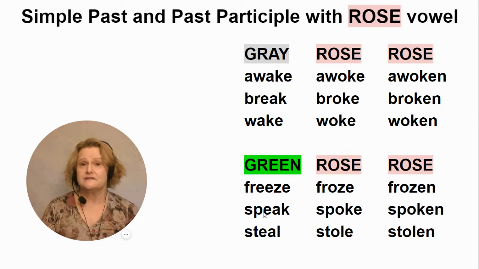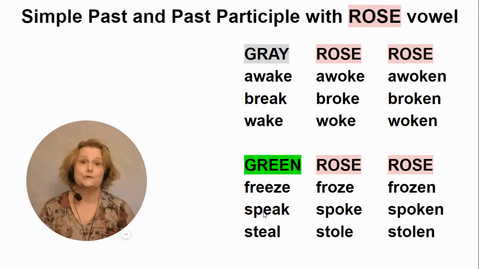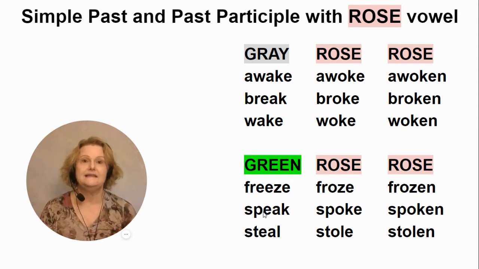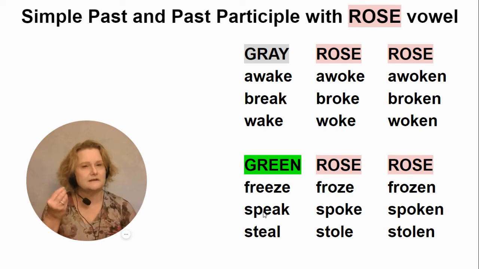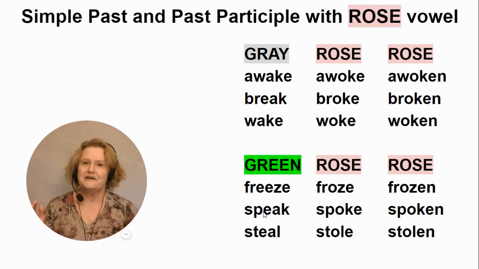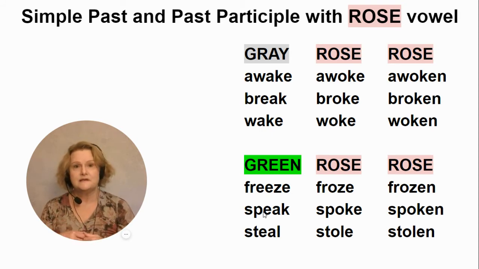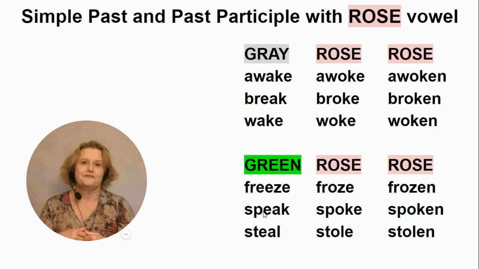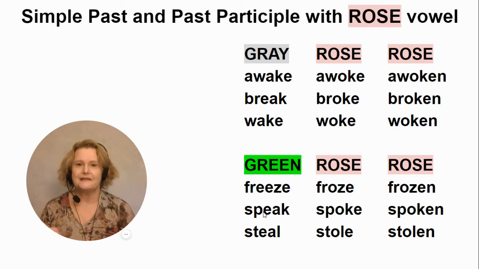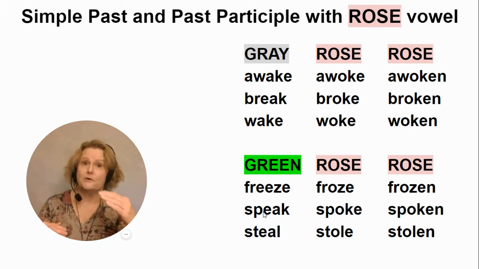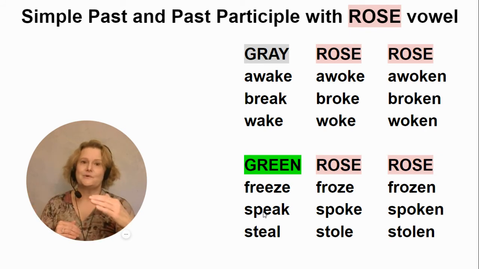So we can call this the green vowel because in green we have that E vowel that ends with a little Y. And so we have freeze, froze, frozen, as in frozen food, frozen vegetables, frozen dinners, frozen yogurt. And then we got speak, spoke, spoken, and steal, stole, stolen.